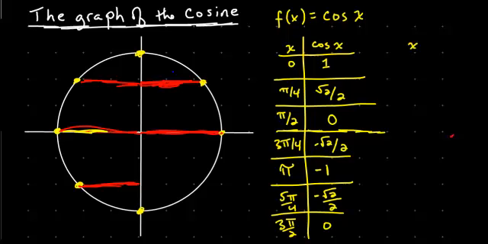This is x and cosine x. When x is, what's that going to be? 1, 2, 3, 4, 5, 6, 7 pi over 4 radians. At 7 pi over 4, our horizontal distance here is root 2 over 2.